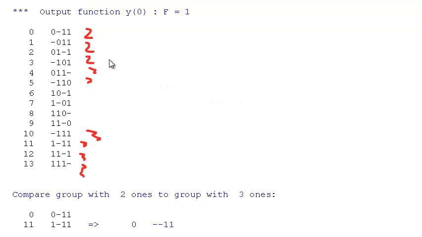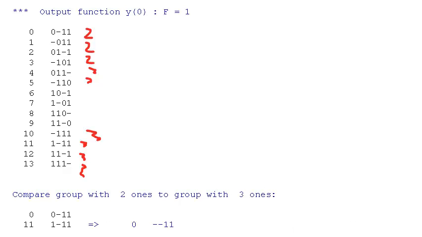Okay, it only makes sense to compare these when the current don't cares match up. So 0, we don't want to compare it with 10 because the don't cares there and it's not in the second position. 11 we do want to compare it with because the don't cares match up. 12 doesn't match up and 13 doesn't match up. So the only one we want to compare it with is 11. That's where these don't cares match up right here.